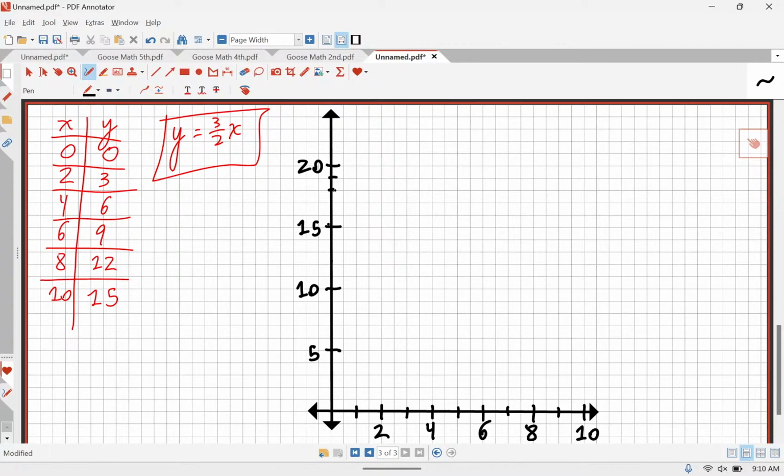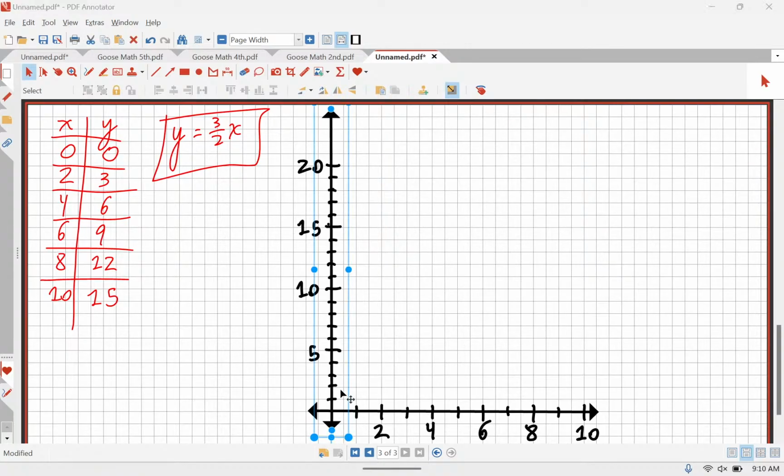I'll put the little singles in there. Nothing too crazy. There. That's what I'm looking for. Something like that. A coordinate plane. The first quadrant. Yay.